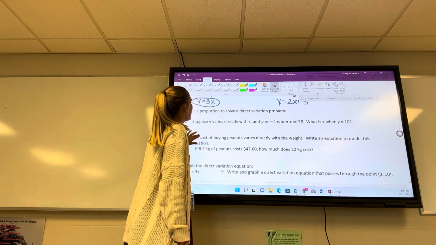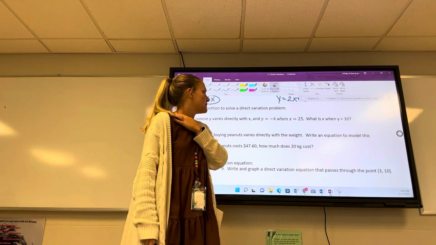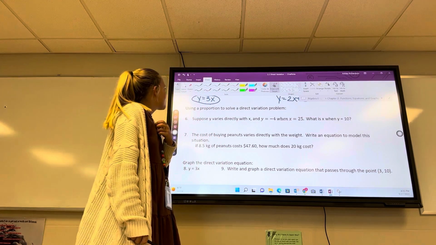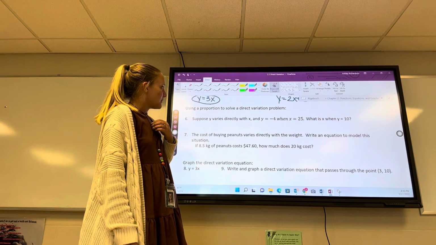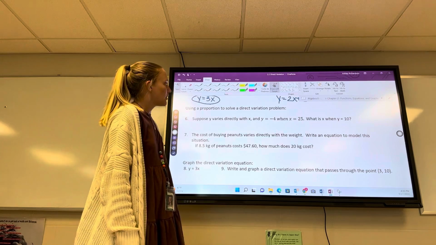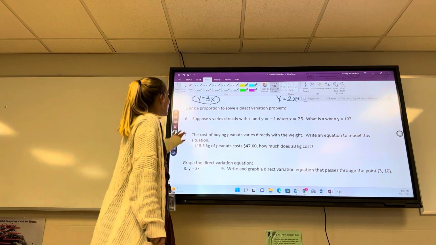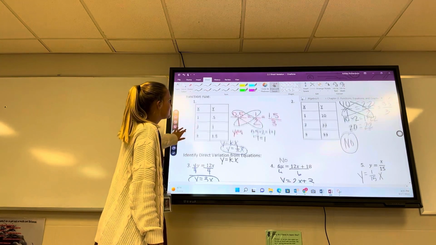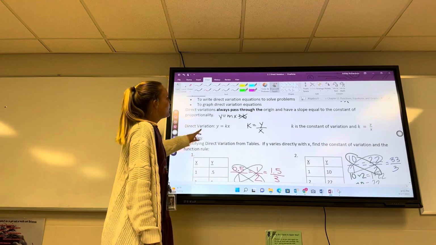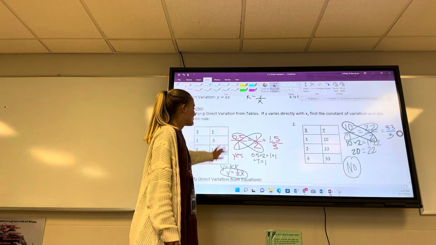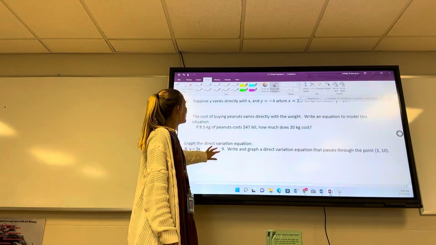All right, we're going to use a proportion to solve a direct variation problem. So suppose y varies directly with x, y equals -4 when x is 25. So if we go back up, we see k equals y over x. So I'm going to be consistent with that and do y over x.